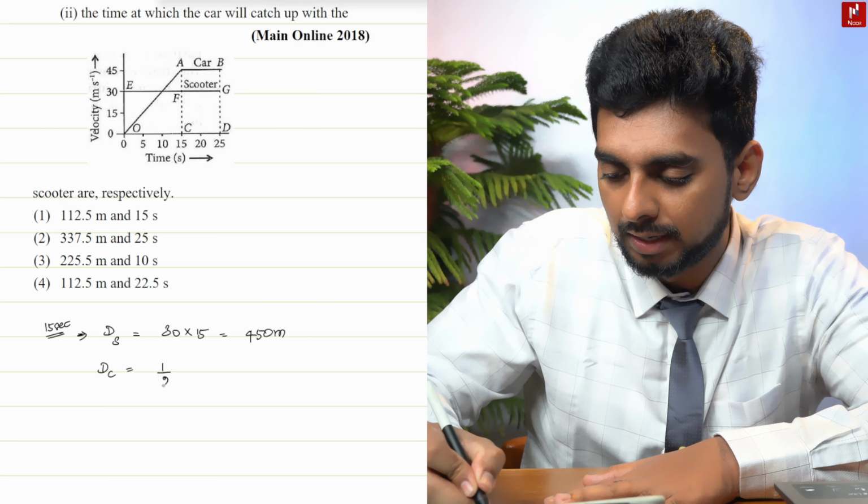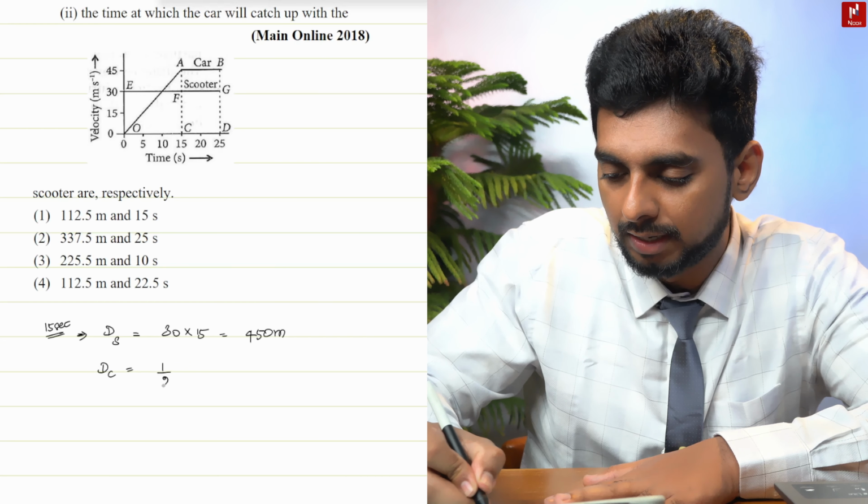So it should be obvious, 450 minus 337.5, which is 112.5. So 112.5 should be my answer. That's the difference over there, 112.5 meters.